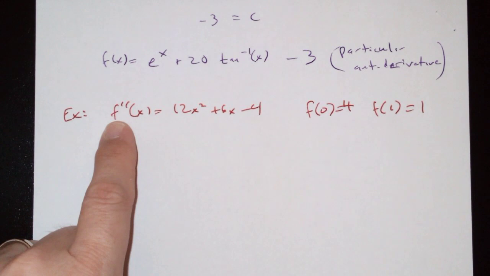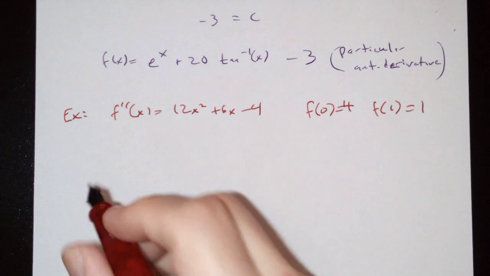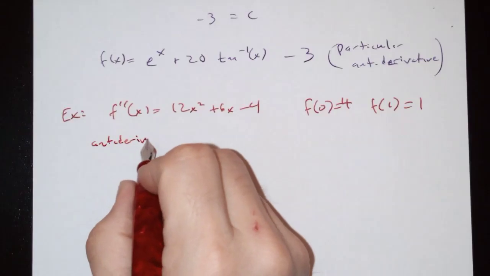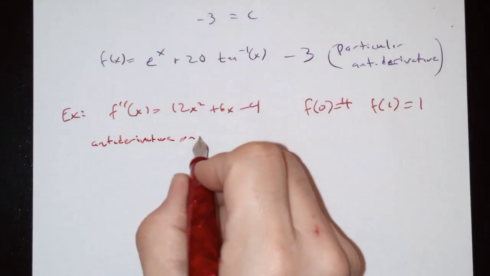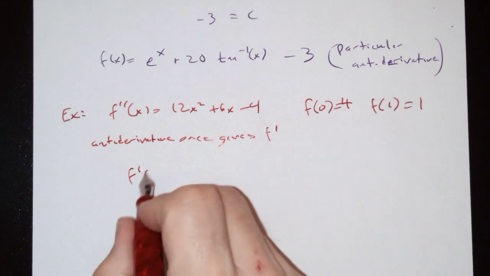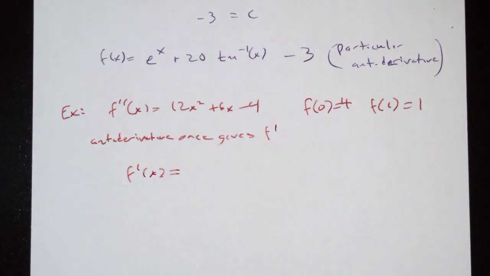So if I take an antiderivative, I back up one step, I'm at f prime. Okay, what's the antiderivative of this?